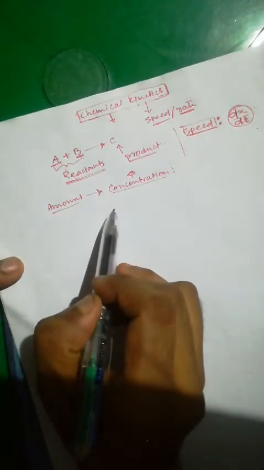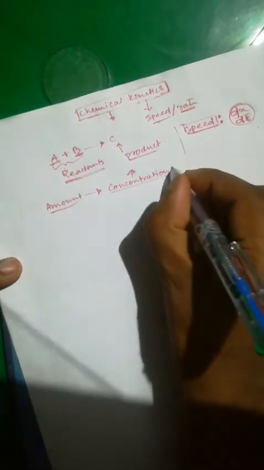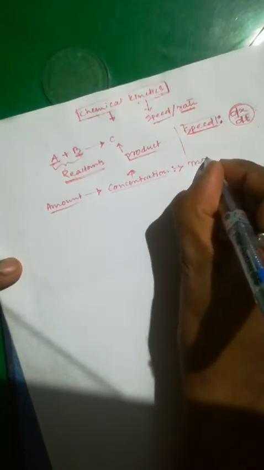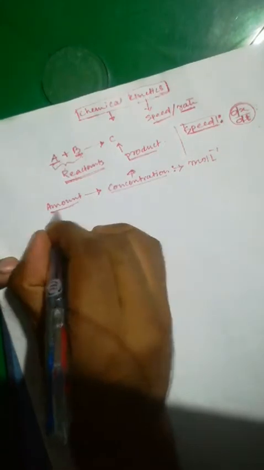That is, the concentration of the reactant will always decrease and the concentration of the product will always increase in a chemical reaction. And the unit of concentration is mole per liter.